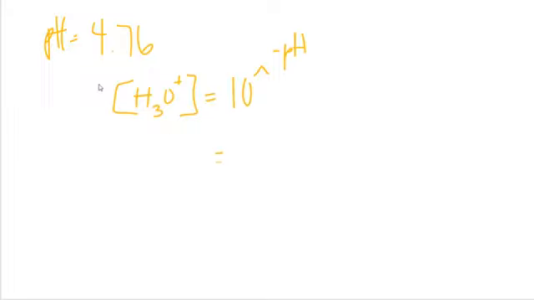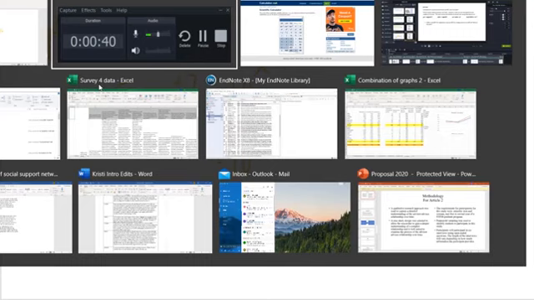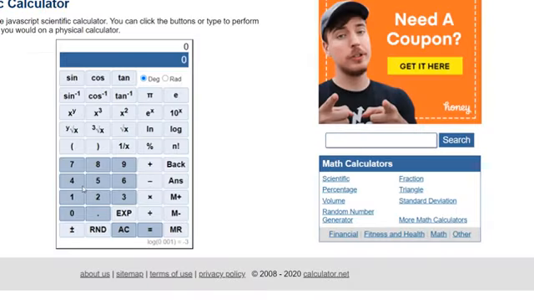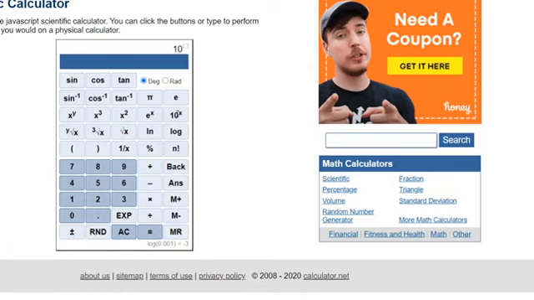So we are going to plug in 10 to the negative 4.76. When we look at that, we're just going to type in this 10 to the x, to the negative 4.76.